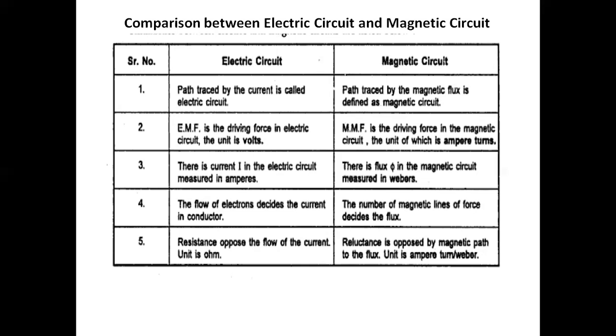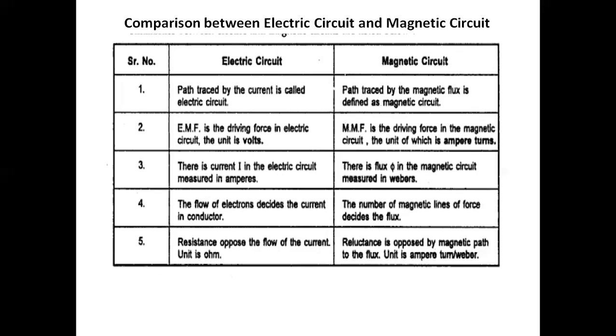In the electrical circuit, we have the EMF; in the magnetic circuit, the MMF. It is the driving force. The unit of EMF is volts. MMF is the driving force in the magnetic circuit, and the unit of MMF is ampere turns.